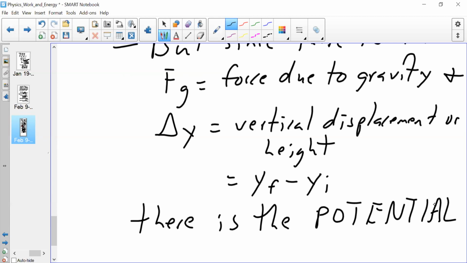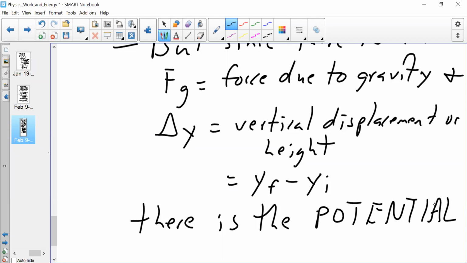If I let it go, gravity is going to move it down. The force due to gravity is going to be pointing downward, and the height is going to be pointing downward as well. So the force due to gravity does have the potential to change its kinetic energy. It has the potential to change its position if I let it go.